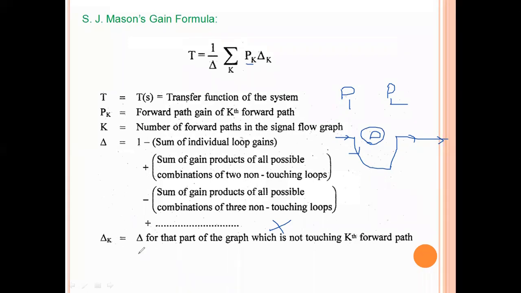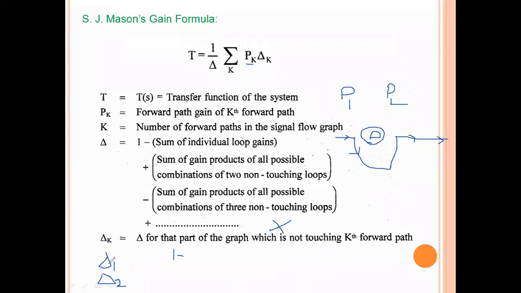So delta k can be determined as 1 minus the gain of this missing part. This is how we calculate delta k. Here k is the forward path number, so if we have two forward paths, we need to calculate delta 1 as well as delta 2.